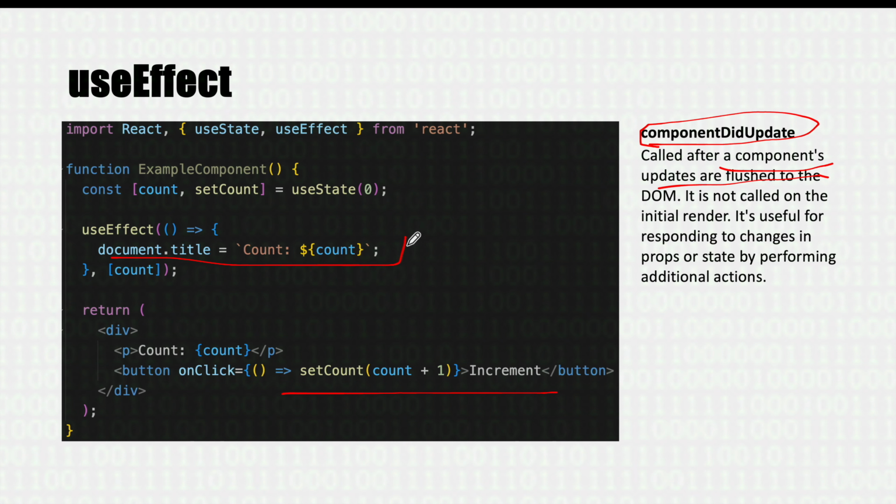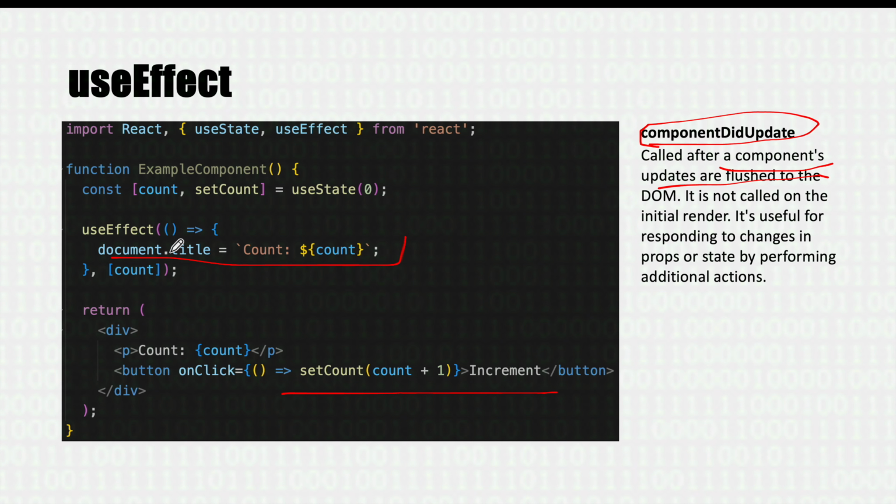The useEffect hook is a built-in hook in React, and we will see what other lifecycle methods can be leveraged with the help of useEffect. We can see that there is an array in the end.